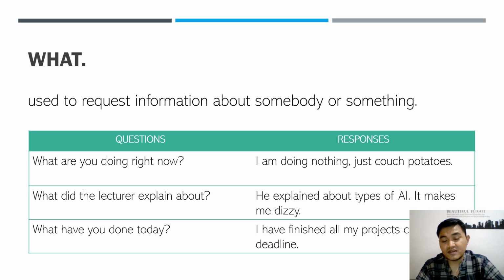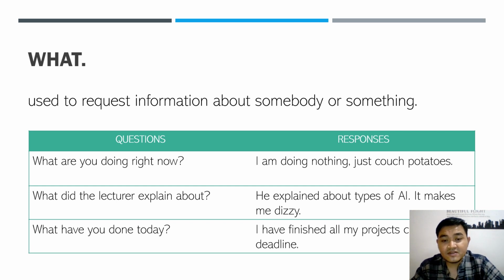So again, here I have three examples where I made questions using what. For example, I have the question, what have you done today? So you cannot say only yes or no, because you will get a lot of answers here, since one person to another will have totally different answers.